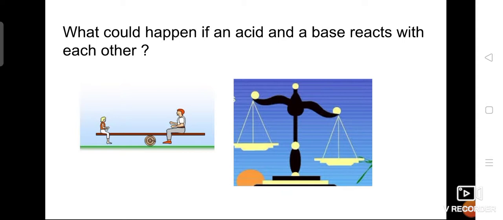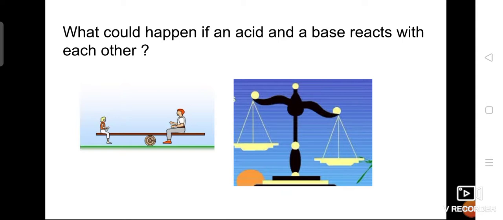What happens is nothing but neutralization. Neutralization means, as I told, compensation, otherwise we can say balancing.